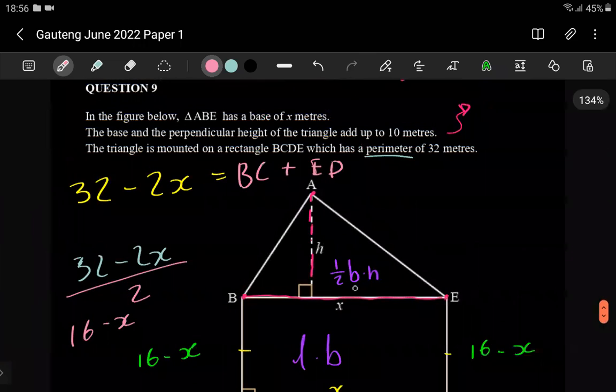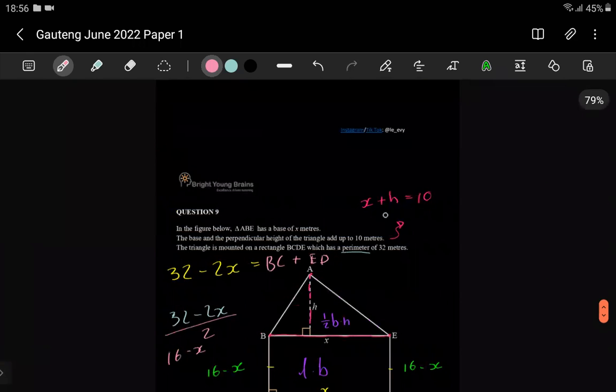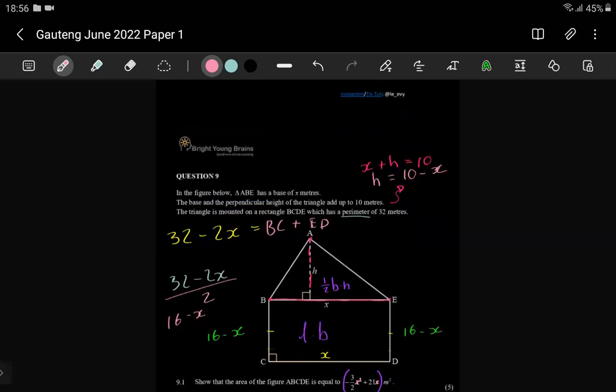So our base is simply x, but our height we have to write in terms of x. This is where this statement comes in, because it allows us to make h the subject of the formula, which we can write as 10 minus x.